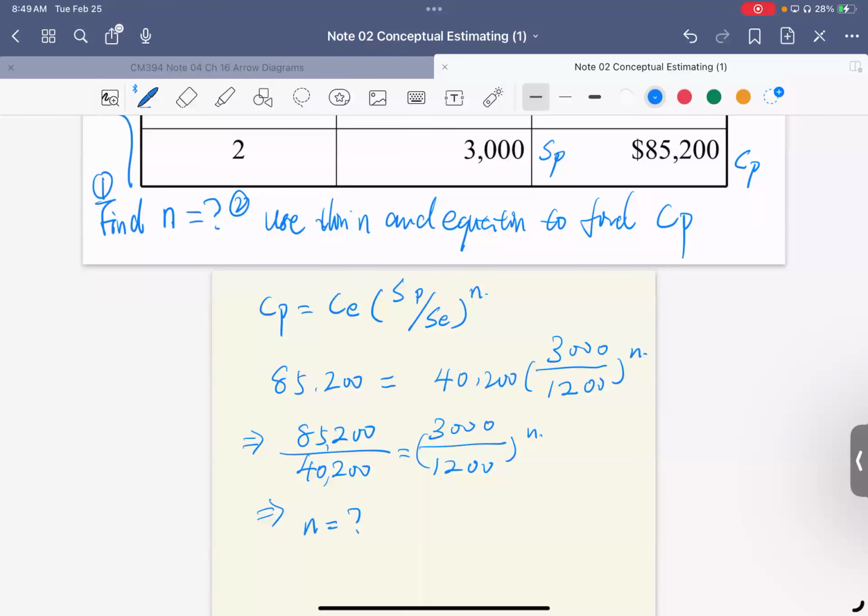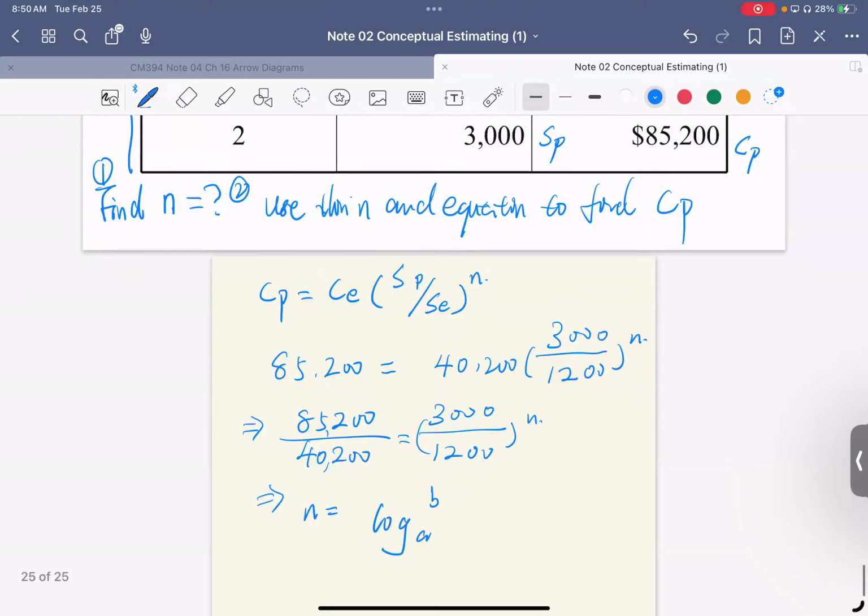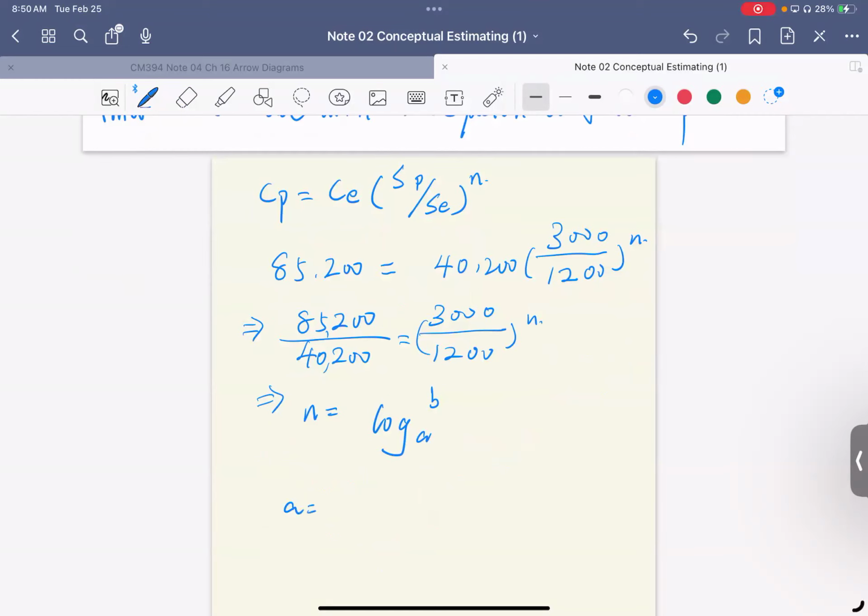So we need to use something called a log, right? Okay, so this N is equal to log base A of B, where A is equal to 3,000 divided by 1,200, and B is equal to the cost ratio.